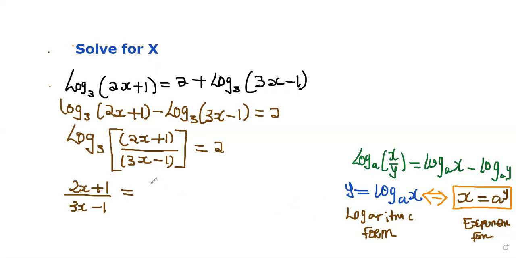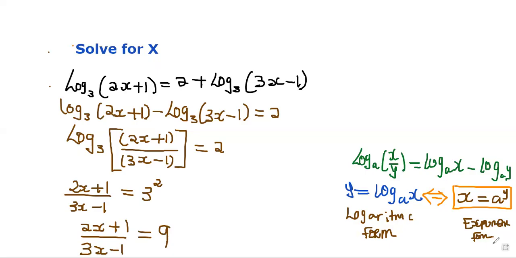The value of a is represented by 3 from the log equation, and then to the power of 2, because 2 is representing y. So we're going to have (2x + 1) over (3x - 1) equals, we all know that 3 squared is the same as 3 times 3, which is going to give us 9.